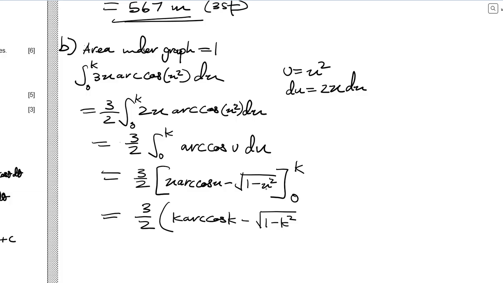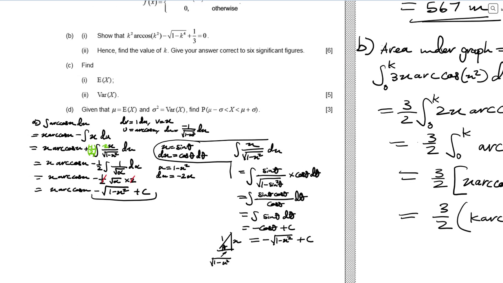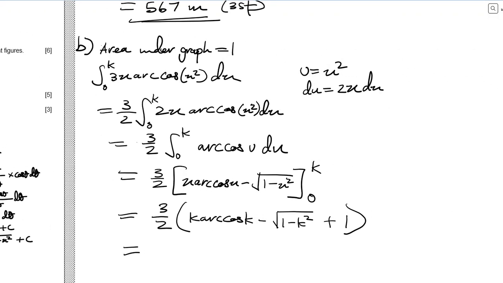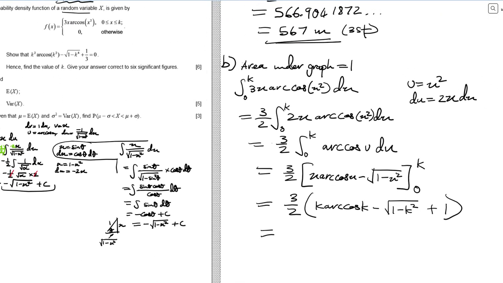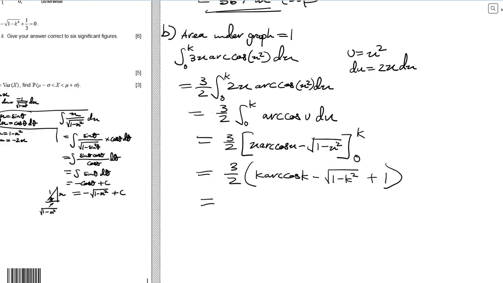And then we have 1 minus 0, so that's minus minus plus 1. And remember, area under the graph is equal to 1. So let's bring that here, is equal to 1. What we have is 3 over 2. Let's bring the 3 to the other side since we have a 1/3, and bring the 2.